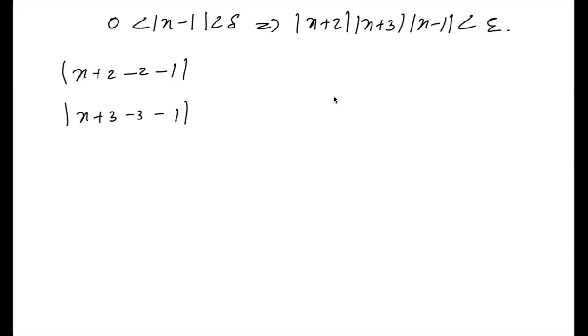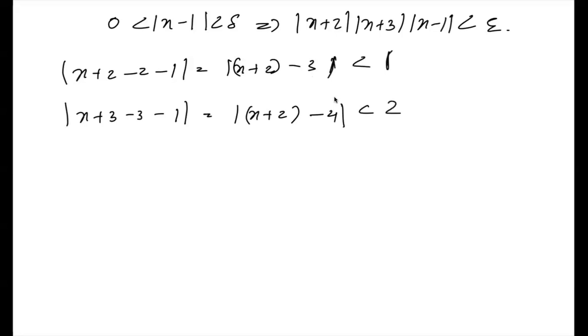And then this becomes x plus 2 minus 3, and this becomes x plus 3 minus 4. Okay, so in some cases, sometimes you can put 1 for this and 2 for this, and then you have 2 delta values, right? To get this equation to be done.